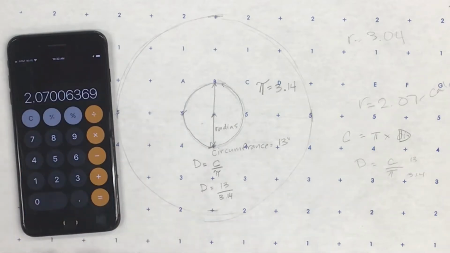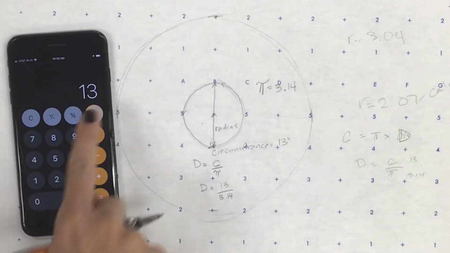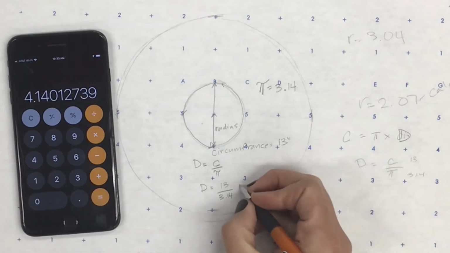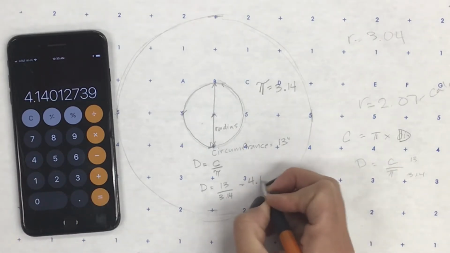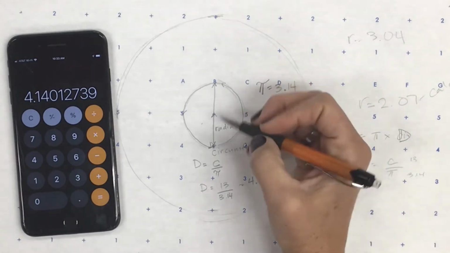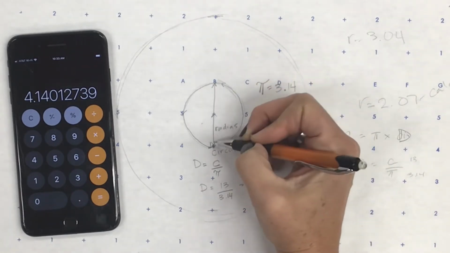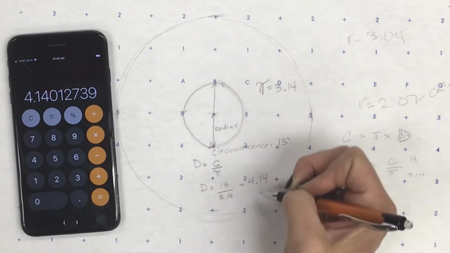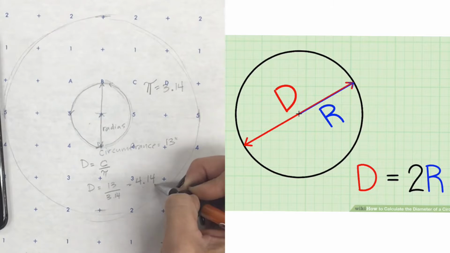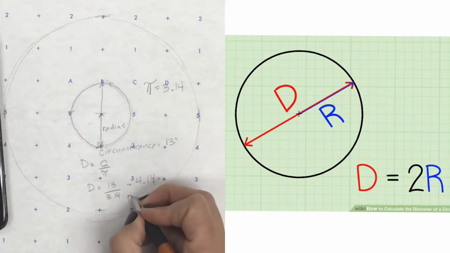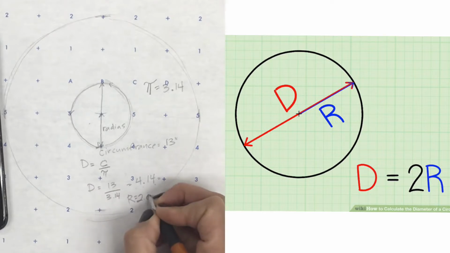I'm not ashamed of it. 13 divided by 3.14, I get 4.14, and I'm rounding to the hundredths, that's fine. So the distance from here to here is 4.14, but I only want half. I only want it up to the radius, so I have to divide this number by 2. And my radius equals 2.07.